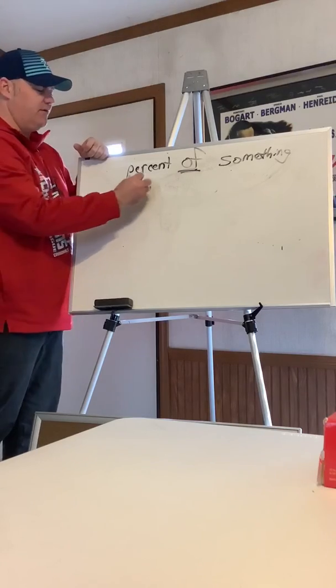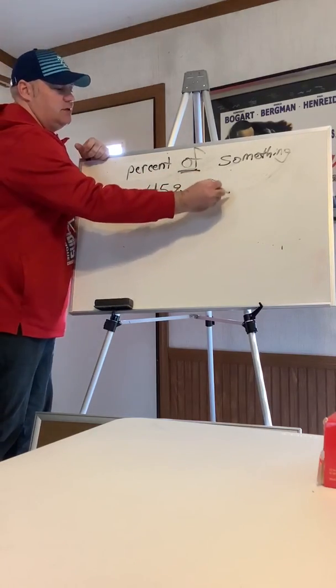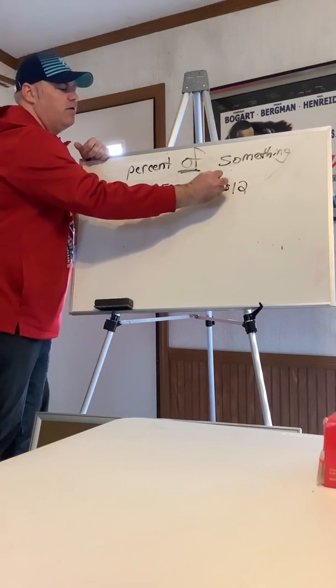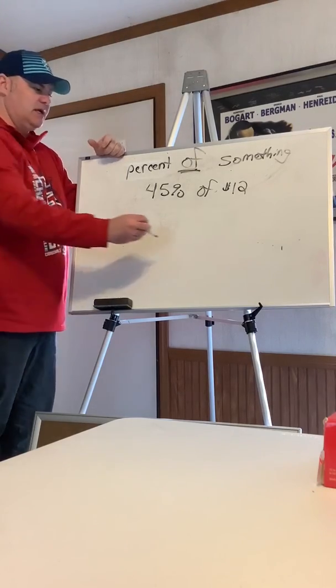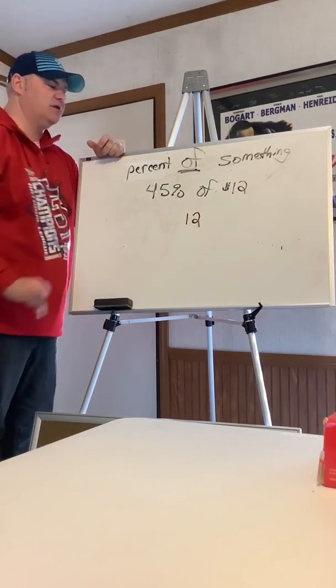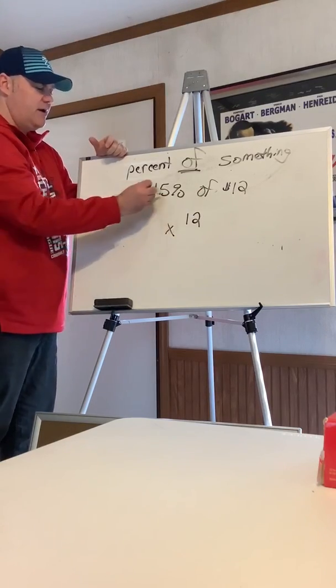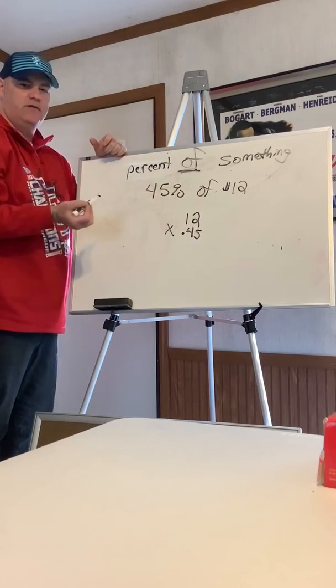But let's say you're finding 45% of, let's still keep it even, $12. 45% of $12. Well, the best thing to do for me is take that 12 and multiply it by 0.45. Remember, move the decimal twice, 0.45.